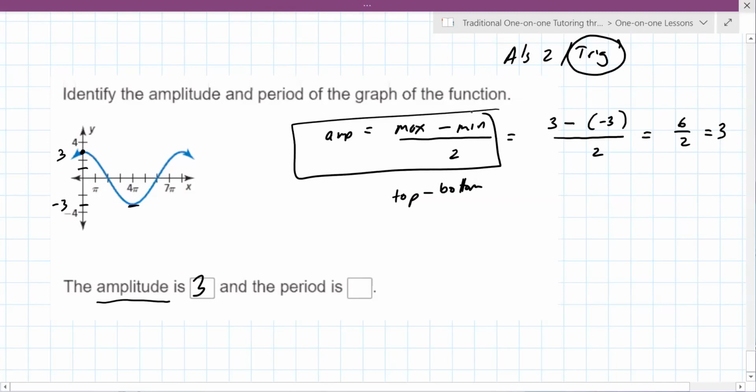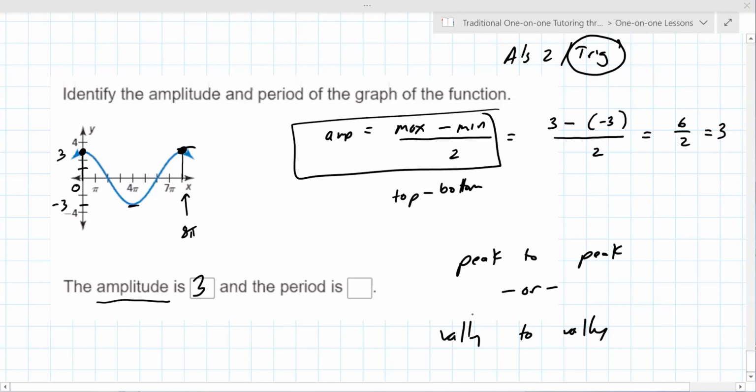The period you have to either find peak to peak or valley to valley. When I say peak, we live in Arizona, so hopefully you recognize that's a peak. The peak here looks like it's at 8 pi. Would you agree with that? And this one's at 0.